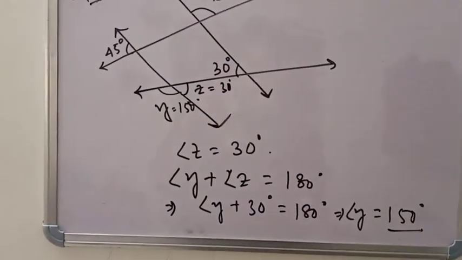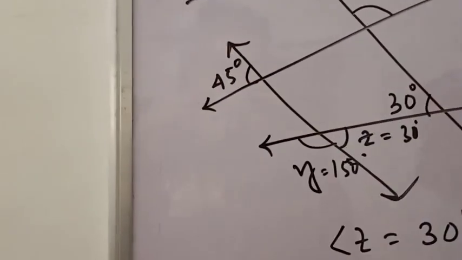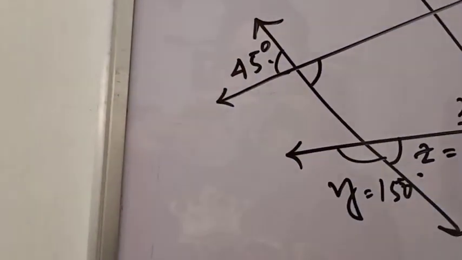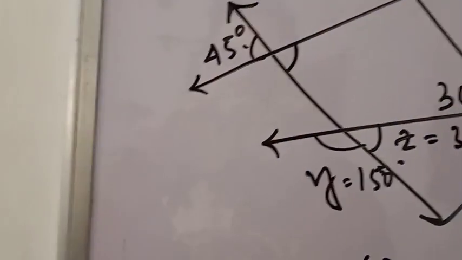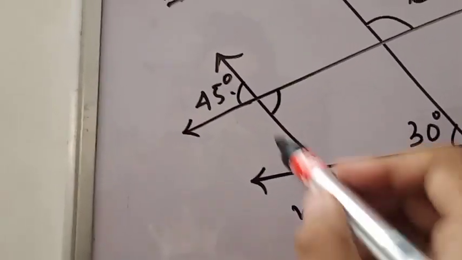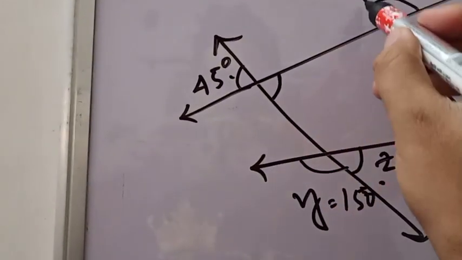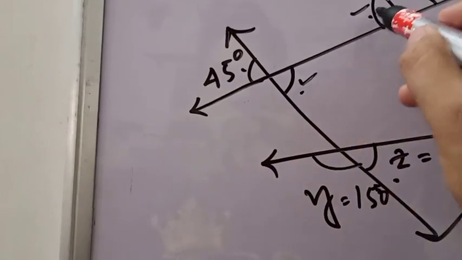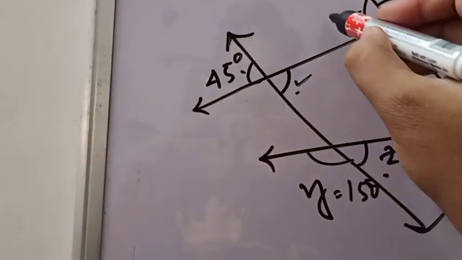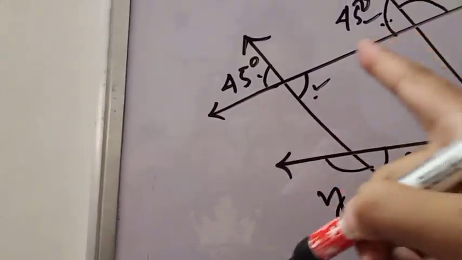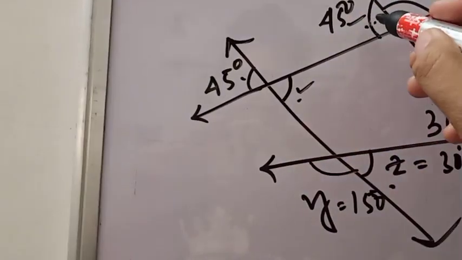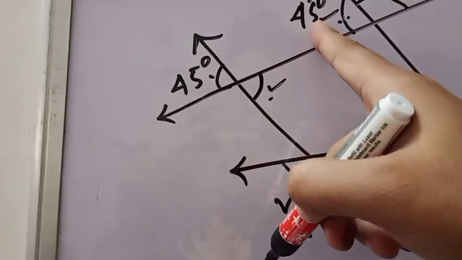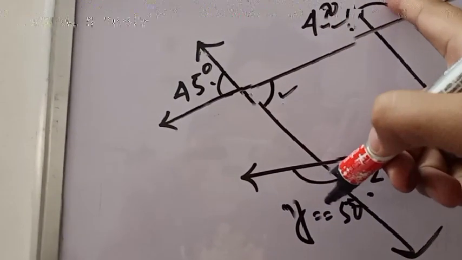Now the remaining is x. Now see that if this angle is 45, then this angle is also 45. Why? Because these are vertically opposite angles. And this angle equals this angle. Why? Because these are alternate angles. That means this equals 45. If this equals 45, then this angle and this angle are in linear pair.